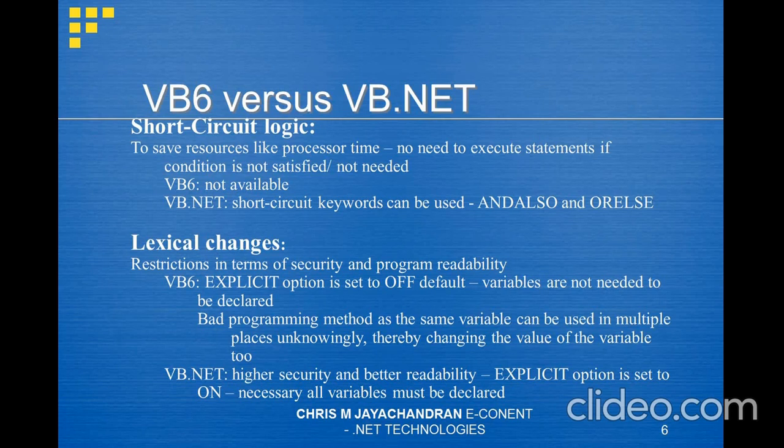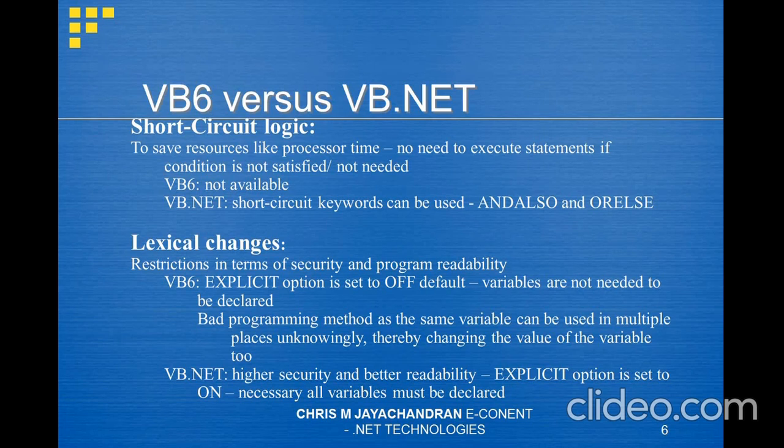I would say that in VB.NET it's higher when compared with VB6. When you talk about the Option Explicit aspect, in VB6 Option Explicit is by default set to Off. But in VB.NET, by default, Option Explicit is set to On.